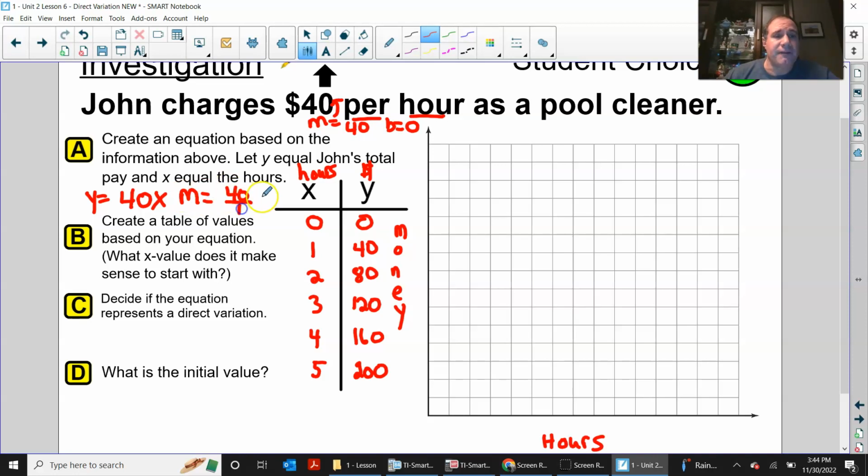Remember, when you're graphing, you put your arrows next to your rise over run. Always put the 1 underneath that whole number, because you have to show that I'm going to rise 40 and run 1. So go ahead and put 0 here, 1, 2, 3, and go up by 1s.